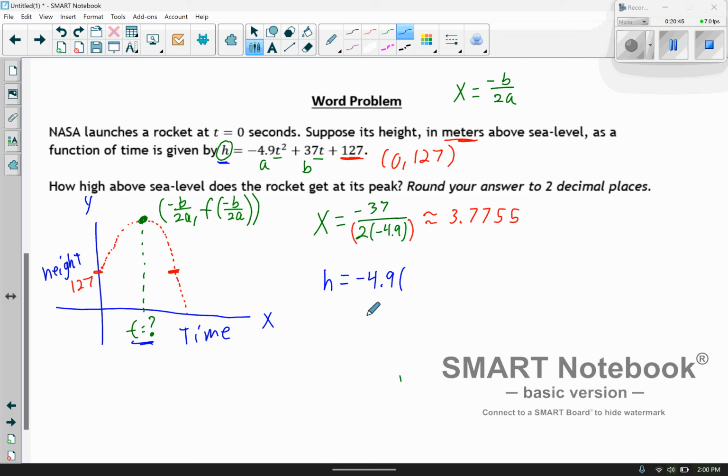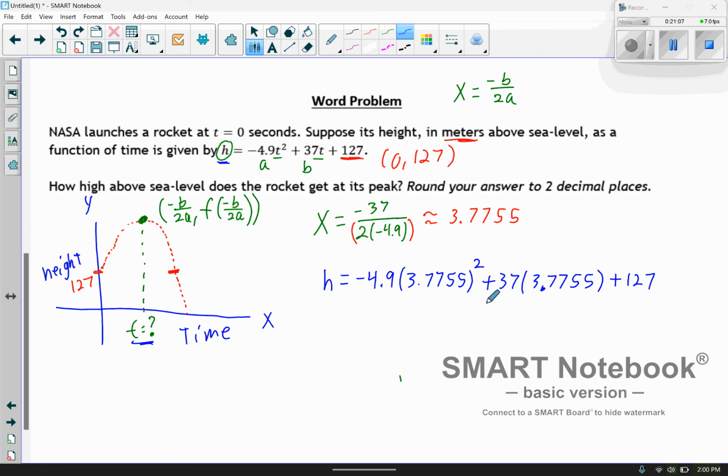And so I'm going to plug it in so I can figure out height. 3.7755, then I'm going to have to square it. Then plus 37 times that same value again, 3.7755. And then plus 127.